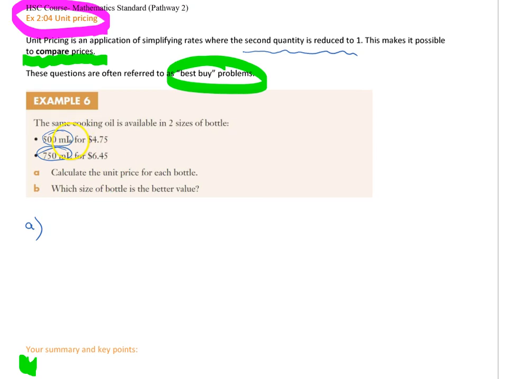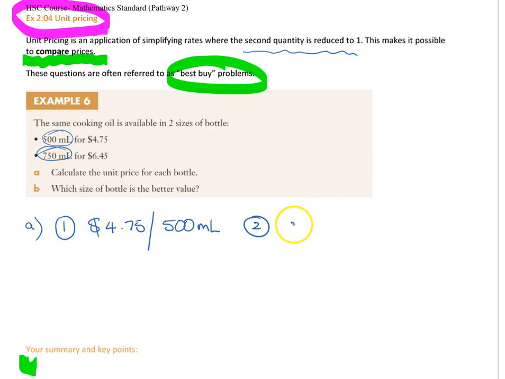So in cooking oil 1, we know it was going to cost $4.75 per 500 mils. It's not down to 1 unit yet, but we will be able to reduce it to what 1 mil in that size actually costs. So for every 1 mil, how much am I paying when I buy that size bottle?